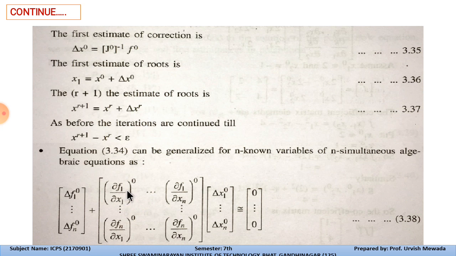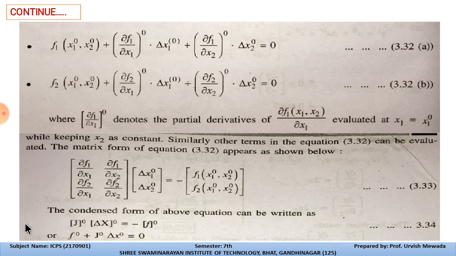So df1 by dx1 will become up to xn over here, and over here dfn, del fn by del xn raised to 0, and delta x1 raised to 0 up to delta xn raised to 0. So this will be the function, say 0, is equal to 0. So we form this for this equation.